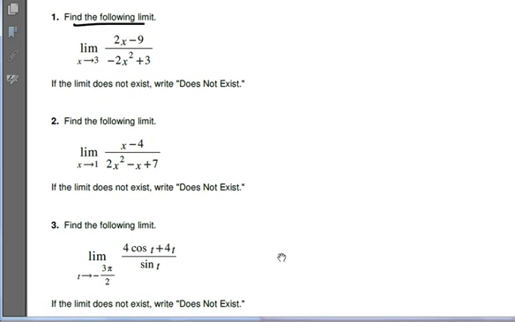So, all right, here's a rational function. They say find the following limit of 2x minus 9 over negative 2x squared plus 3 as x approaches 3. So if you want to graph this and go through all that fun stuff, great, go ahead. Or just try plugging in 3 and see what happens. So I'm going to plug in 3 for the numerator, plug in 3 for the denominator.